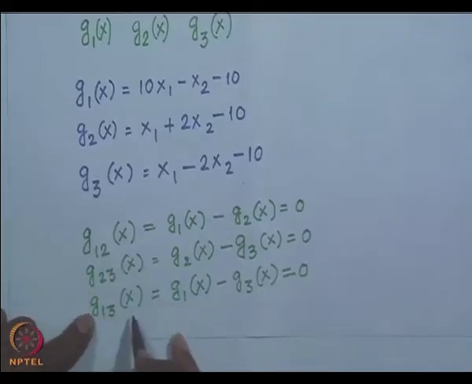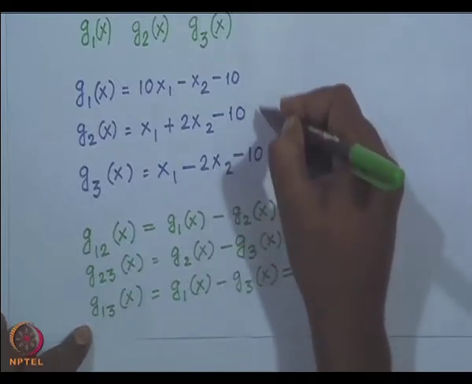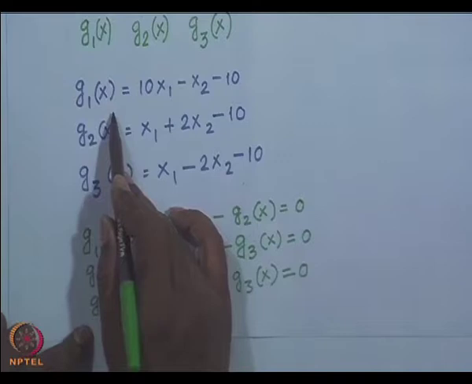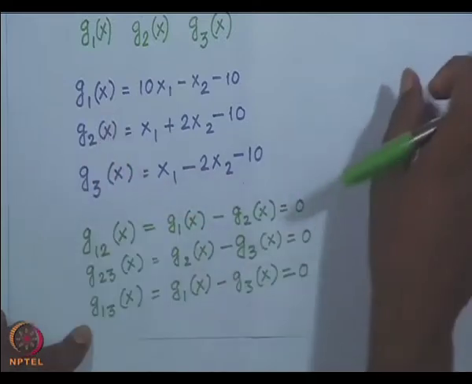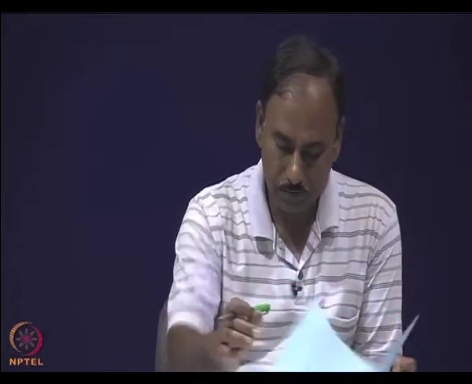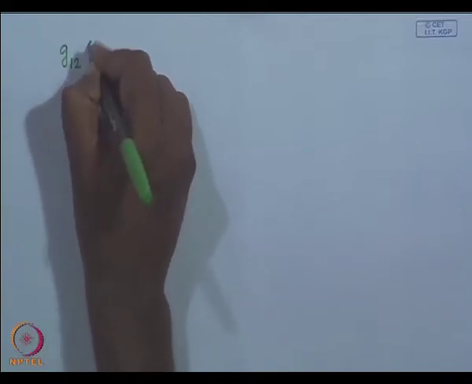Now, let us see what each of these functions g12x, g23x or g13x take, using the discriminating function values g1x, g2x and g3x. So, from here you find that my g12x is nothing but g1x minus g2x.